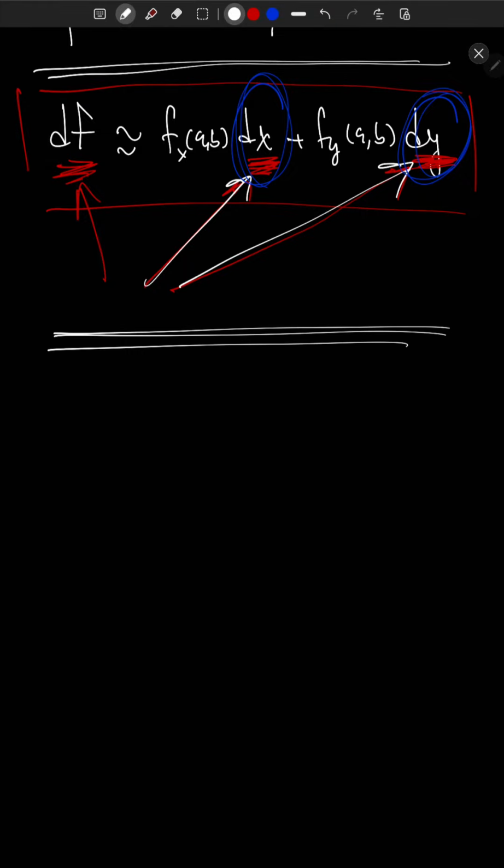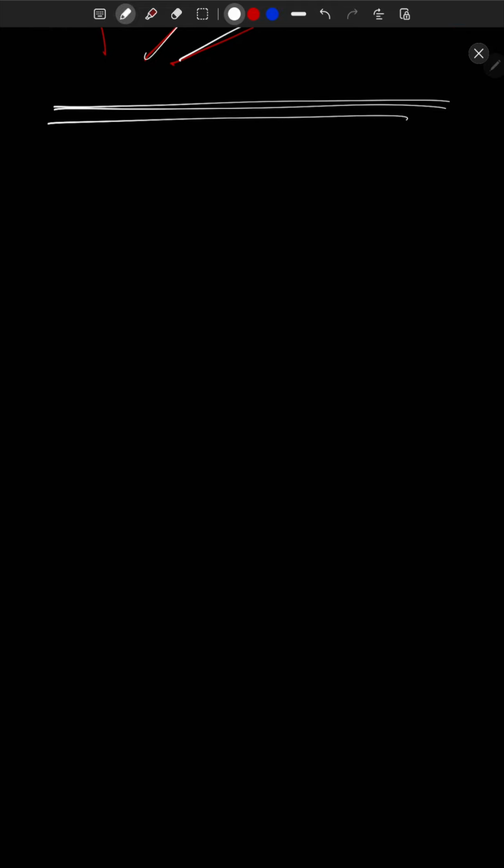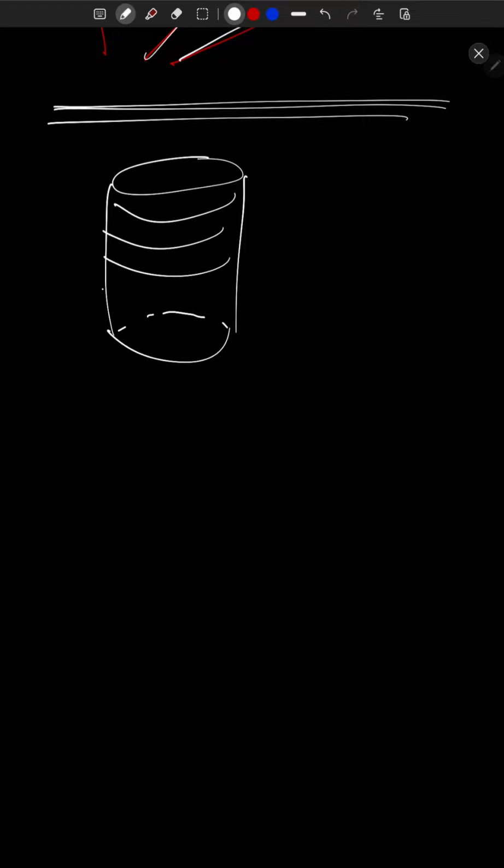So let's do a simple example, and we'll end after that. So for example, let's say we're manufacturing cylindrical cans, right? Let's keep things simple. Let's just say our manufacturing plant only does the cylindrical part of the can.